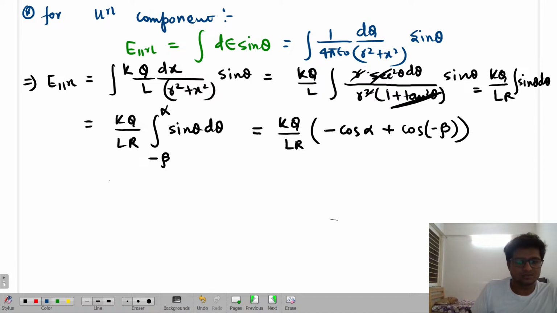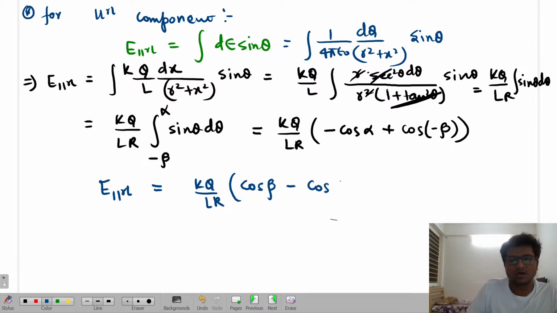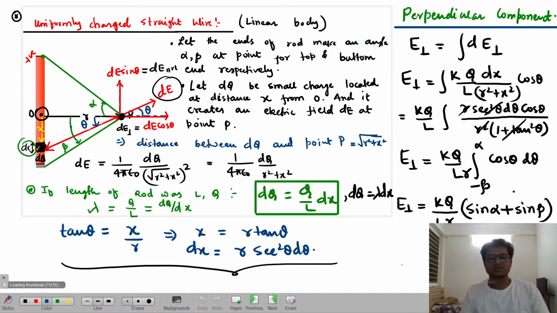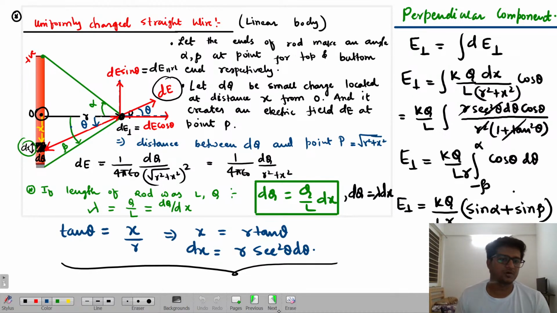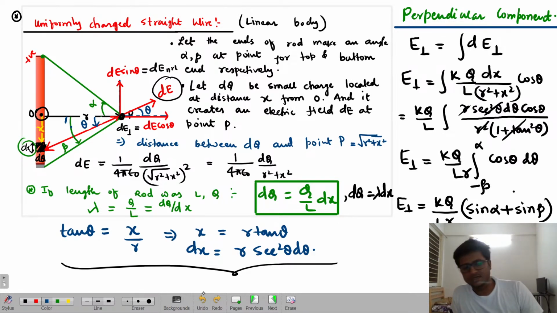So E parallel is given as kq by lr, cos beta minus cos alpha. Here it is sin beta plus sin alpha. Here it is cos beta minus cos alpha. Are you able to get me on it? Where beta is the downward angle. Which angle? Downward angle. Is that clear?